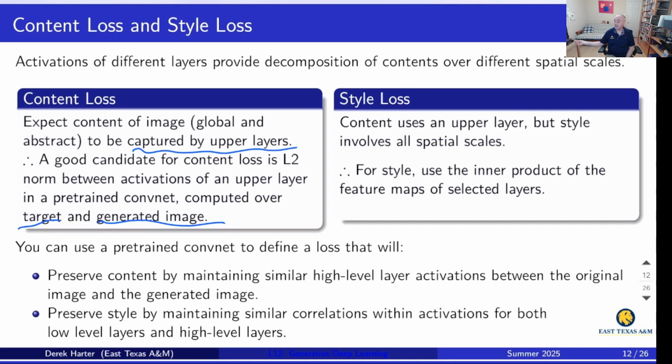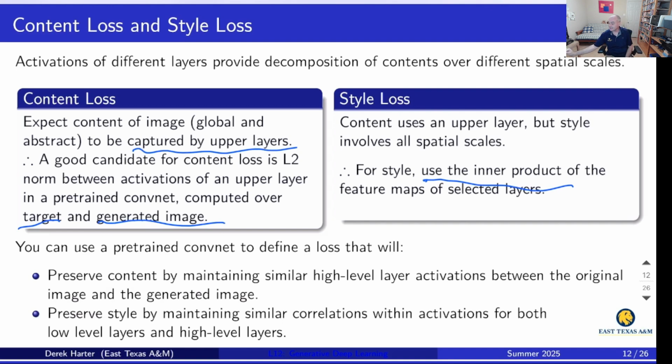Likewise, it's argued that you can use convolutional layers to give a measurement of style, but in this case, content only uses an upper layer, while style involves things at all different spatial layers. So you want to use all of the different layers, and for style, you want to use something like a correlation or a similarity. In this function, we'll use the inner product, which gives a kind of correlation of feature maps of different layers, and these will be, from low to high level, a couple of different selected layers.